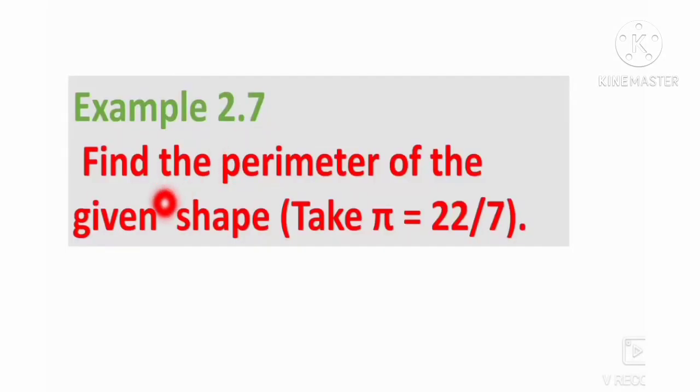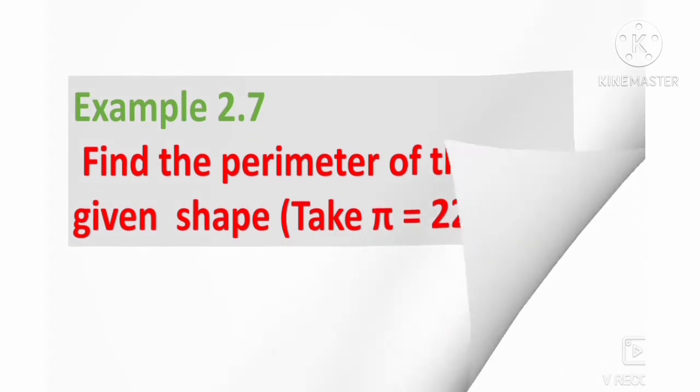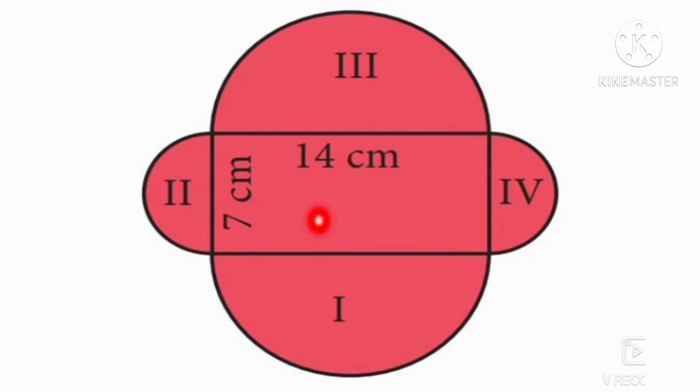Example 2.7. Find the perimeter of the given shape. Here the pi value is given as 22/7. In this shape we have to calculate the circumference of the semicircle on each side of the rectangle. The outer boundary of this figure is made up of semicircles of different sizes.